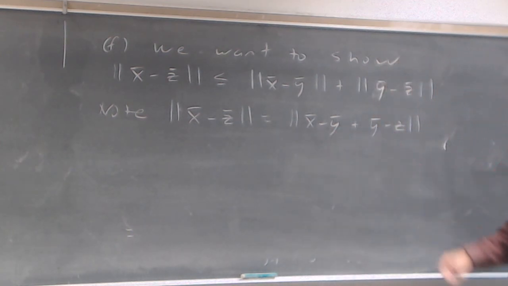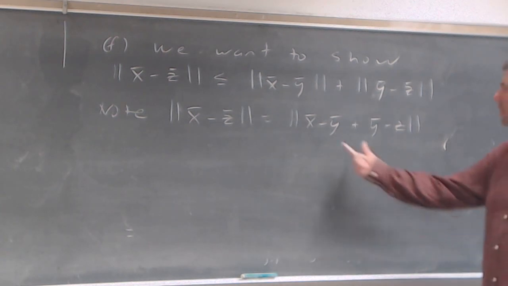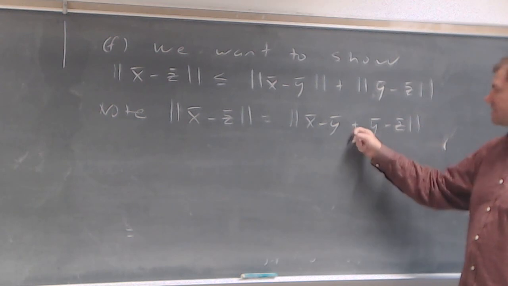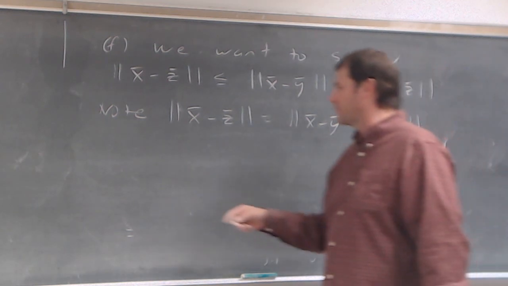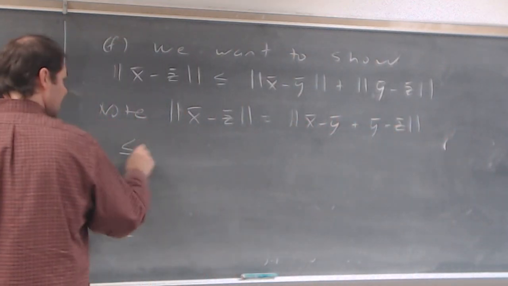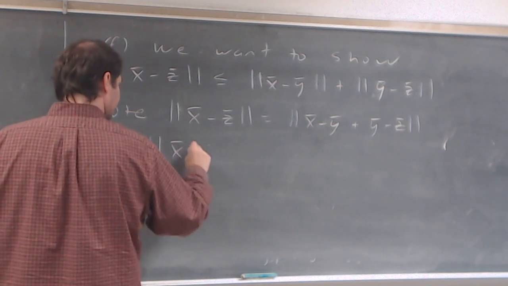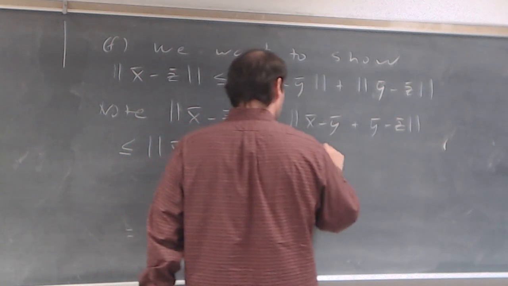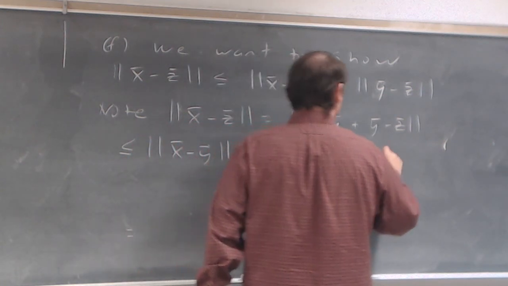So all I did was add and subtract y. Okay? And now we think of x minus y as one quantity and y minus z as another quantity. They're being added together and we've got the norm outside them. And so by the previous fact, this is less than or equal to the norm of x minus y plus the norm of y minus z. And that's what we wanted to show.